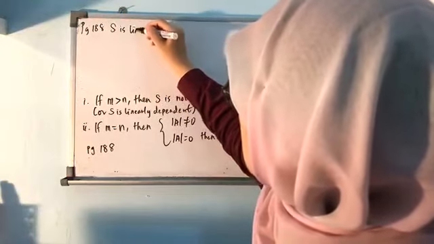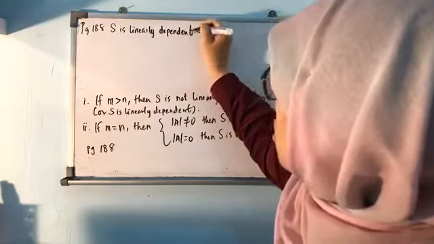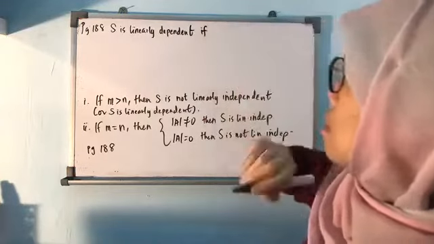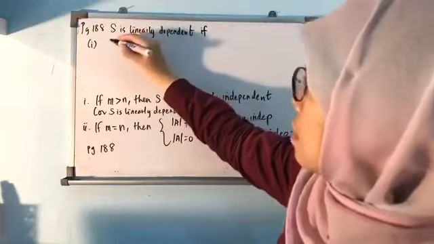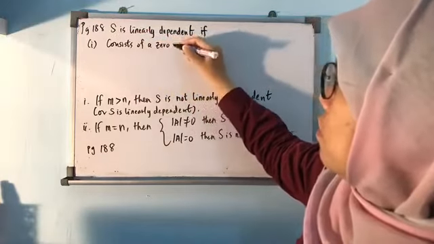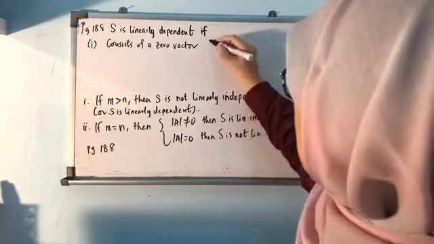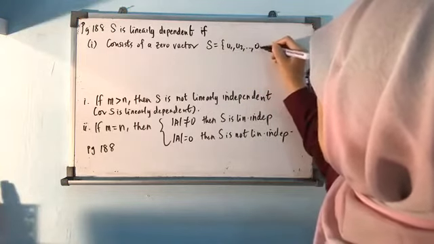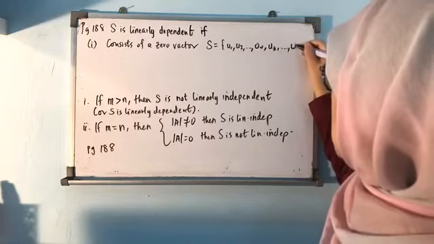S is linearly dependent, or not linearly independent, if it satisfies any of these. First, it consists of a zero vector. Because I mentioned earlier that if you have U1, U2, somehow you have a zero vector here, and then probably UK until UM.